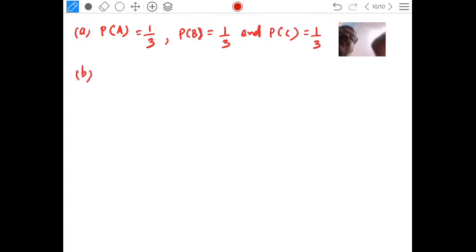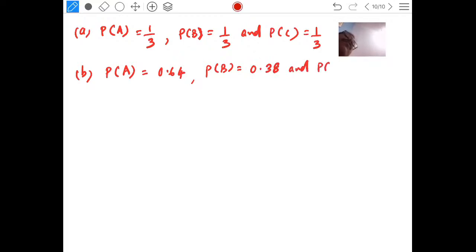Then next subsection, P of A equal to 0.64, P of B equal to 0.38 and P of C equal to minus 0.02.